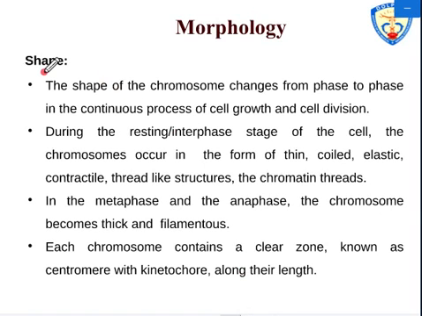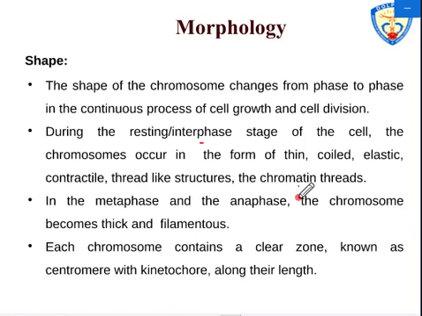As I said, shape of a chromosome will change from phase to phase. So when it is in the interphase stage, that is when it is not dividing or it is in the resting stage of the cell cycle, chromosomes are present in the form of thin, coiled, elastic, contractile, thread-like structures which are known as chromatin.